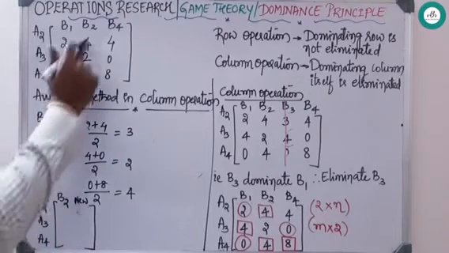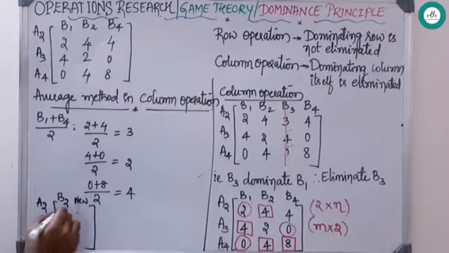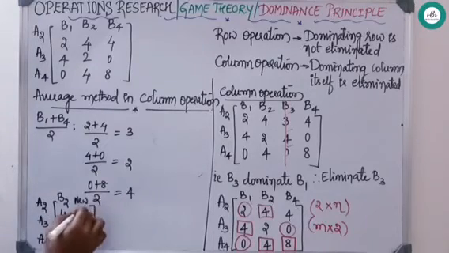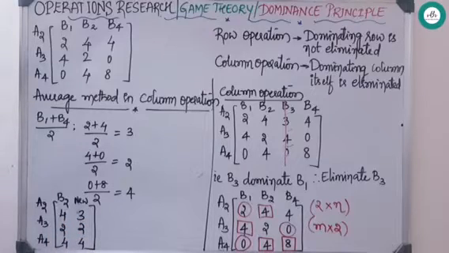So B1 plus B4 by 2 I have considered as new. Copy down whatever the B2 value, 4, 2, 4, and the new value here, 3, 2, 4. Now performing a column operation, 4 and 3, 4 dominates, 2 and 2 it is equal, 4 and 4 this is equal. So only one element is dominating here, and I have considered the equal ones towards this side.